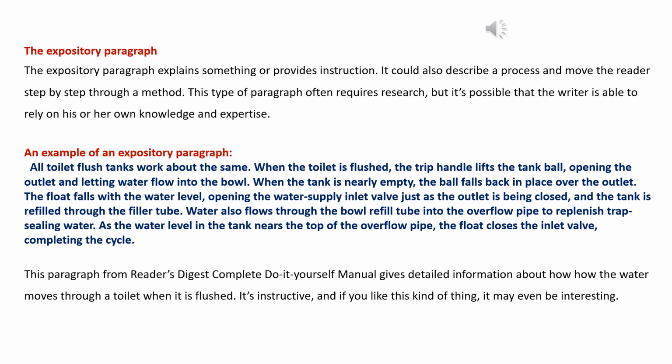The float falls with the water level, opening the water supply inlet valve just as the outlet is being closed, and the tank is refilled through the filler tube. Water also flows through the bowl refill tube into the overflow pipe to replenish trap sealing water. As the water level in the tank nears the top of the overflow pipe, the float closes the inlet valve, completing the cycle.